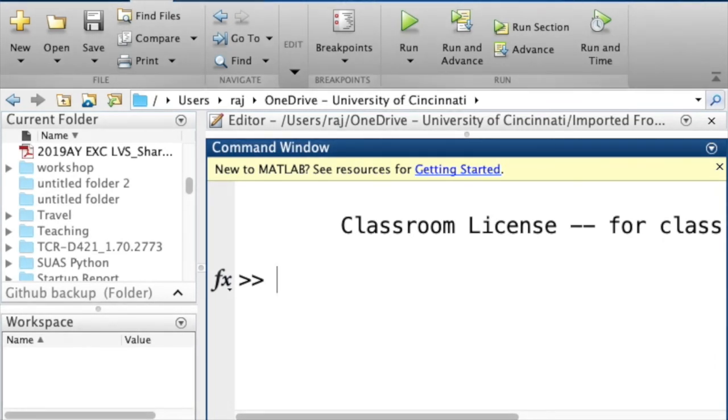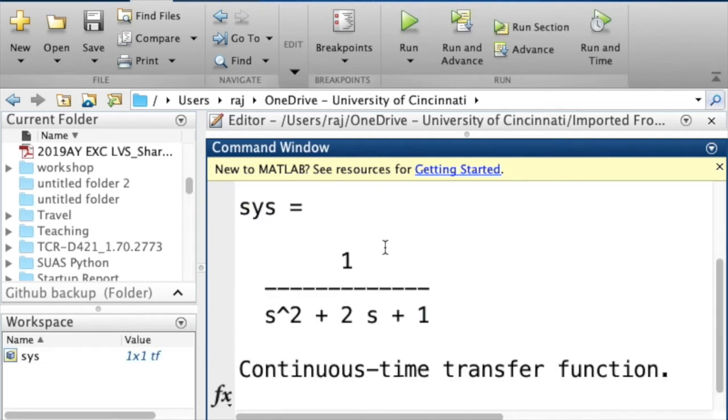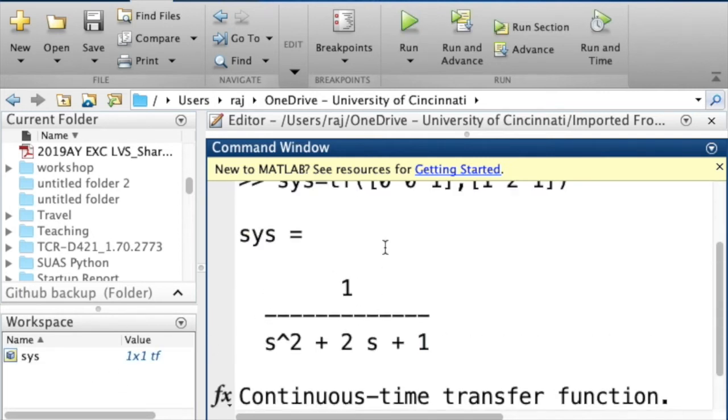I can say sys equals tf, the transfer function command, and you put the numerator first, 0, 0, 1, comma, then the denominator, 1, 2, 1. If you do that, you will see you get a transfer function: system equals 1 over s squared plus 2s plus 1. So that's the transfer function we have.